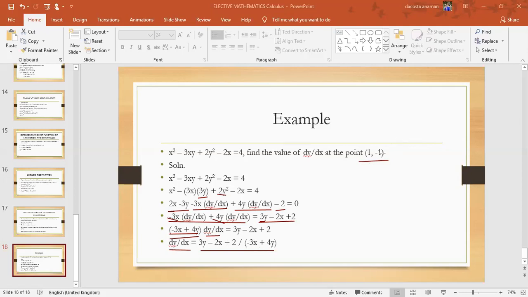Now when you substitute this into this equation, you'll be getting a value, and that value will be the answer. So I intentionally left that one out for you as an assignment. Then using normal algebraic expression, you solve for the value there.